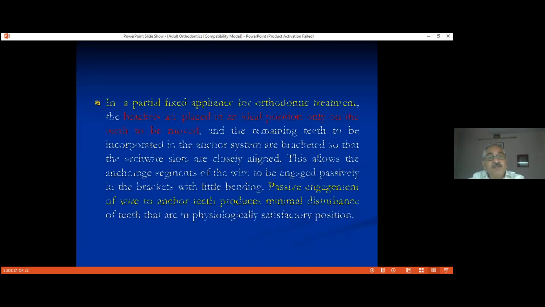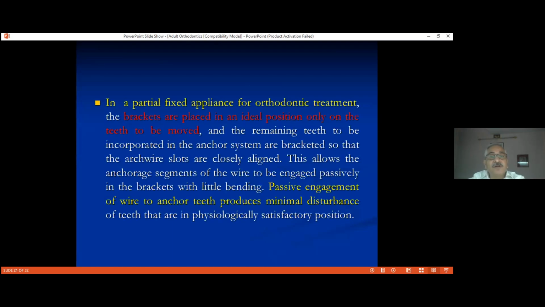In a partial fixed appliance for orthodontic treatment, the brackets are placed in an ideal position only on the teeth to be moved, and the remaining teeth to be incorporated in the anchor system are bracketed so that the archwire slot is closely aligned. We don't want to disturb the well aligned anchor teeth, so we do not have to put in a perfect or ideal alignment of the brackets.